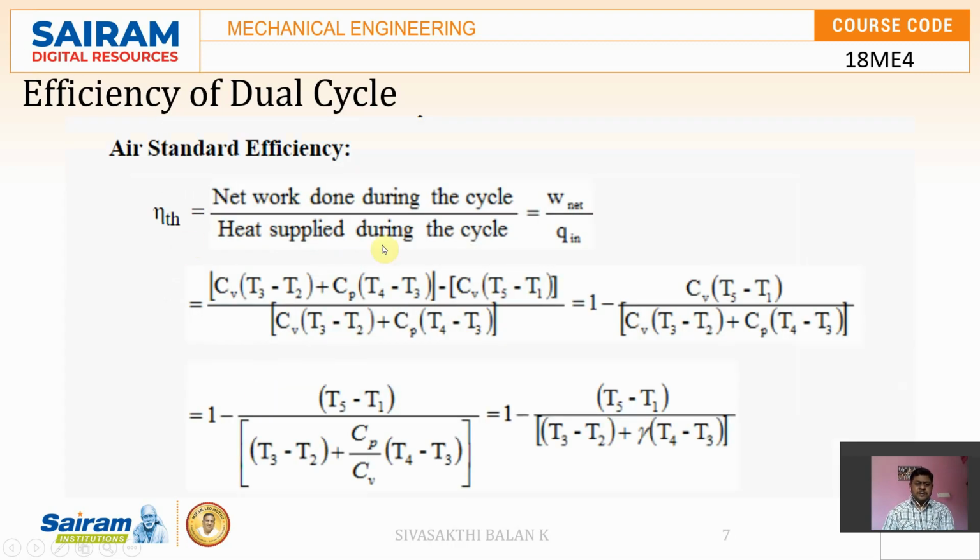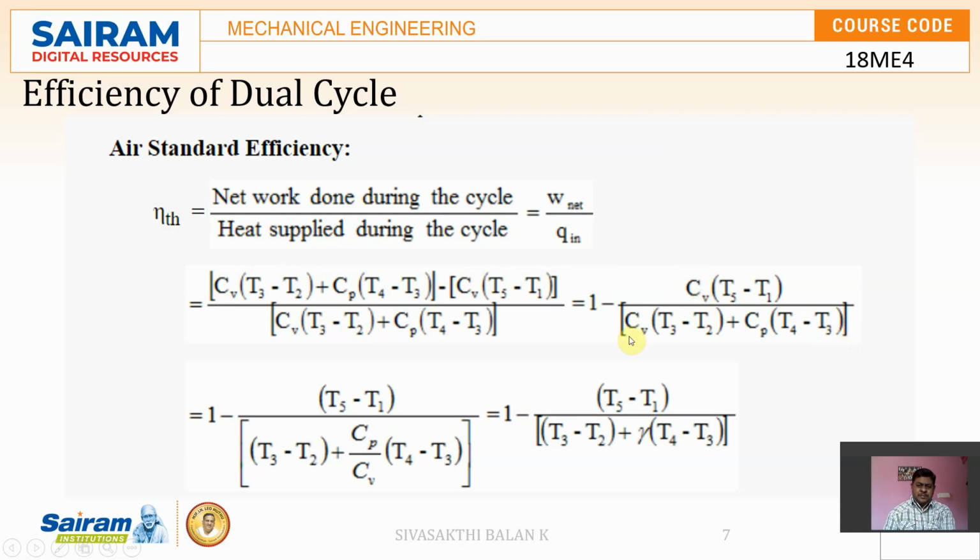And efficiency is calculated as we know, it is the ratio between the output and the input, or the network done divided by heat supplied. So we can replace all these values from the previous relation, and we will get the relationship like this. If you observe, this term and this term are same, so when we divide it is 1, and the second term is as we have, and the bottom is same as it is.